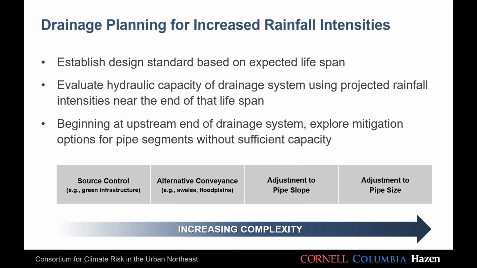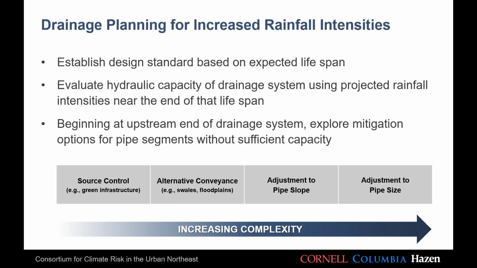When your calculation tells you you need a 32.5 inch pipe, you round up to 36 inches. So there's probably a little bit of play in the system. But for those where there's not play, you need to explore mitigation options. And the best place to start is in the upstream end. And so they're listed here in terms of increasing complexity.